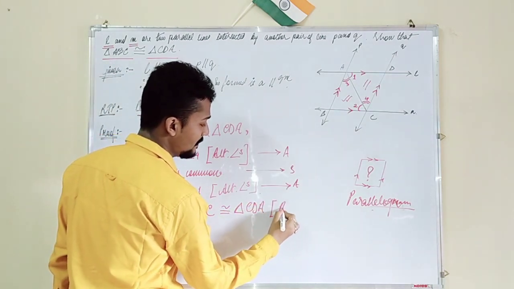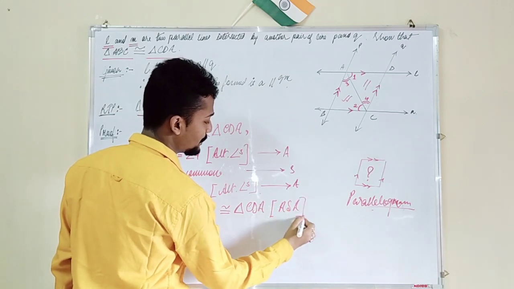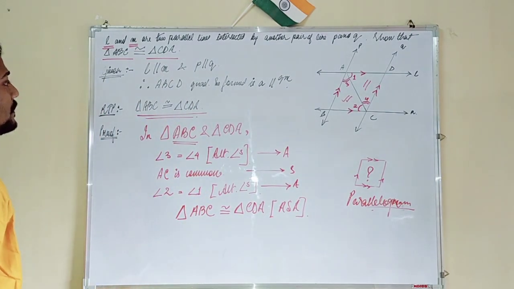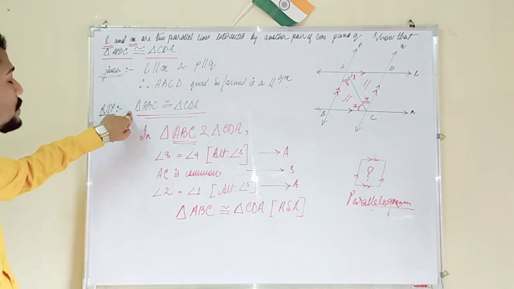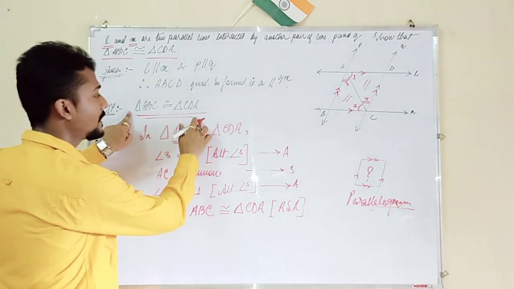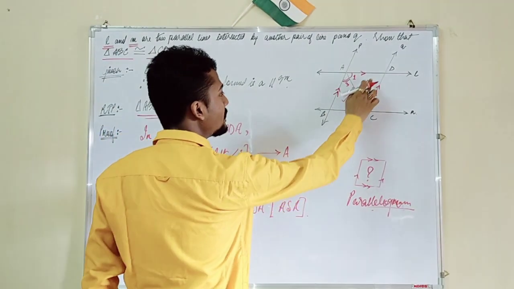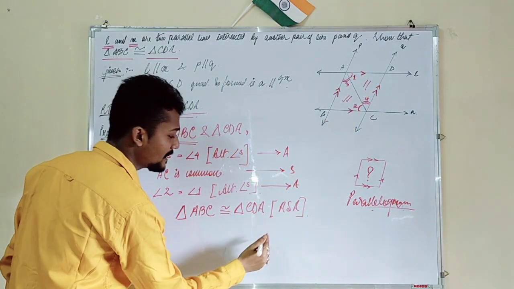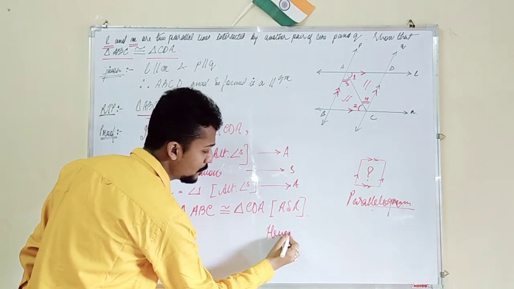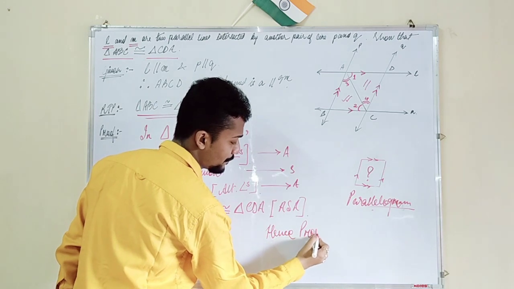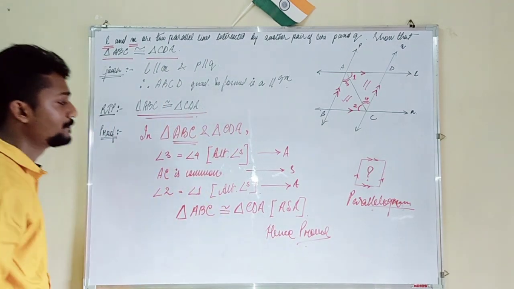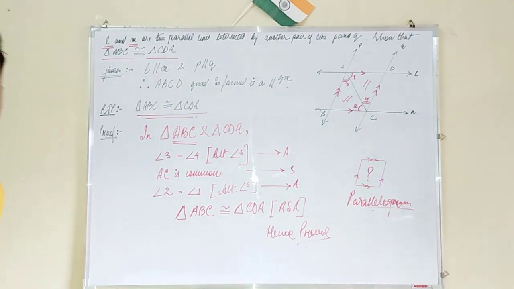Reason: angle, side, angle. In this particular question we need to prove only that these two triangles are congruent to each other, and we have done that. That means this part is over, hence proved. Clear? So you can note it down.